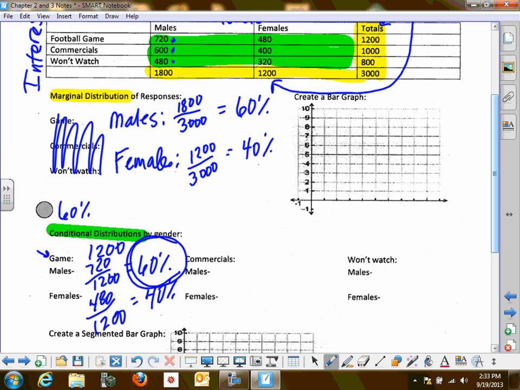60% of the game watchers are male. Is that a true statement? 60% of the game watchers are male. Yeah, that's a true statement.